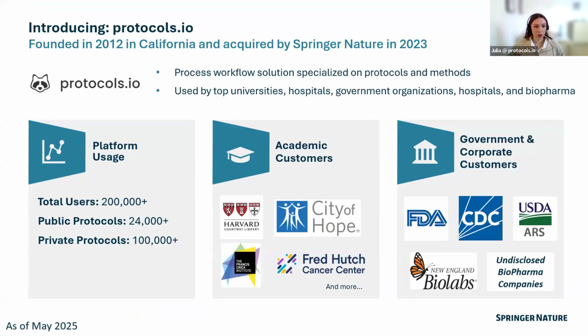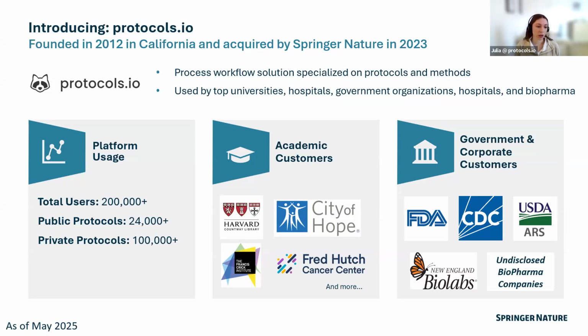So protocols.io, as I said before, is a protocol and method sharing platform. It was founded in 2012 and was a startup for nearly 10 years before it was acquired by Springer Nature in 2023. So it's used by top universities, hospitals, and government organizations. You can see some of our customers who subscribe to premium protocols.io below.